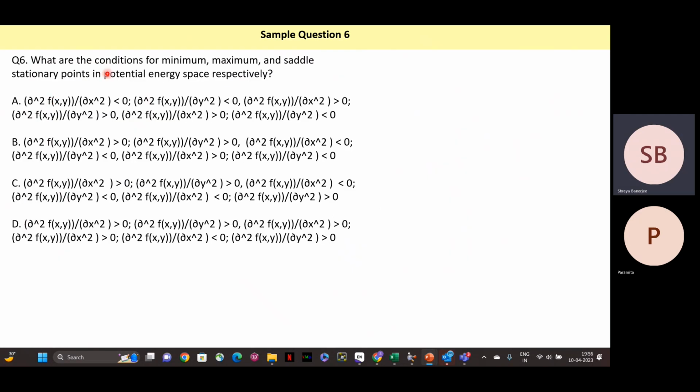The next question is, what are the conditions for minimum, maximum, and saddle stationary points in potential energy space respectively?